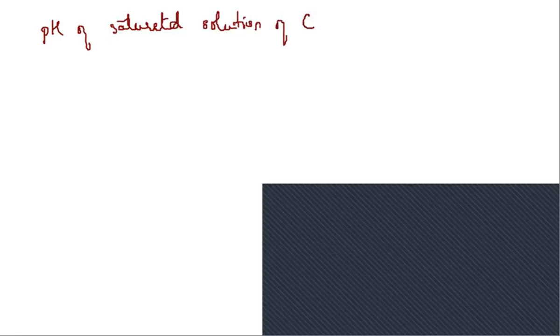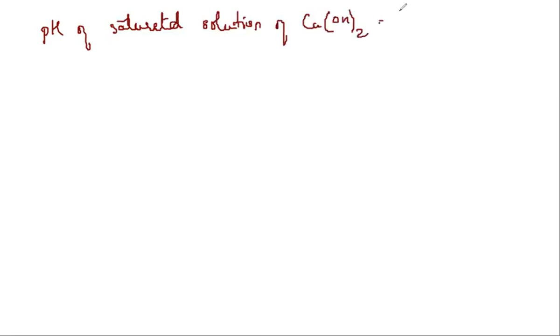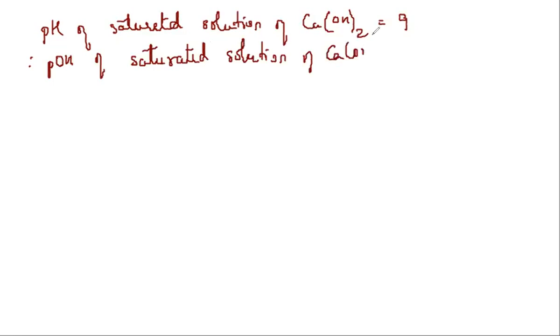Now see, the pH of a saturated solution of calcium hydroxide is given as 9. Therefore, because calcium hydroxide is a base, pH is given, and we need the pOH of the saturated solution.